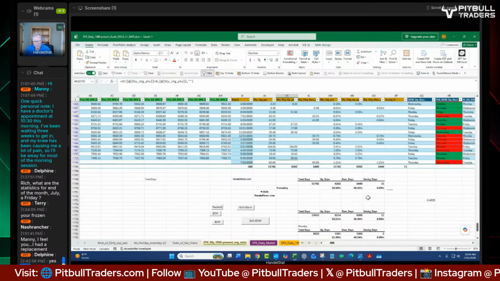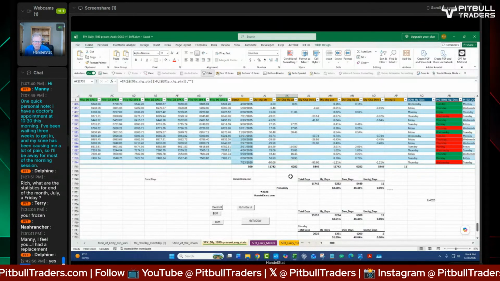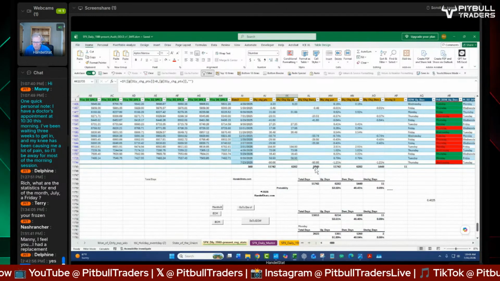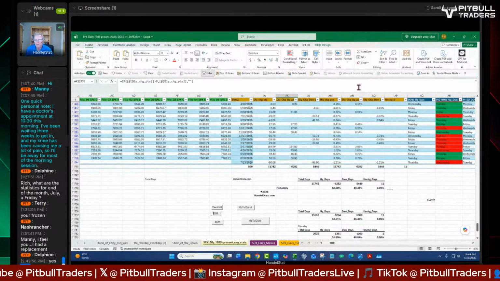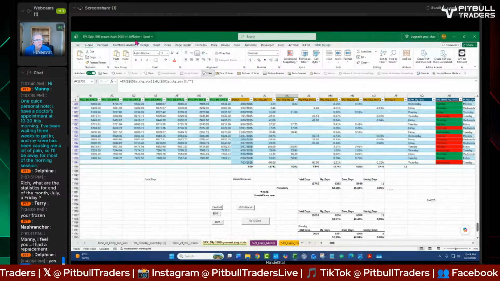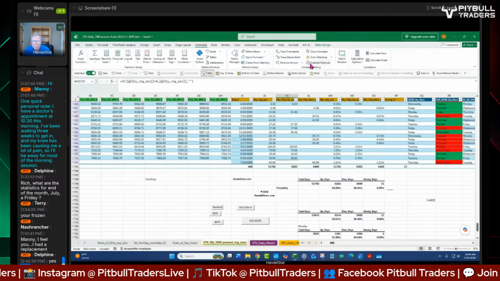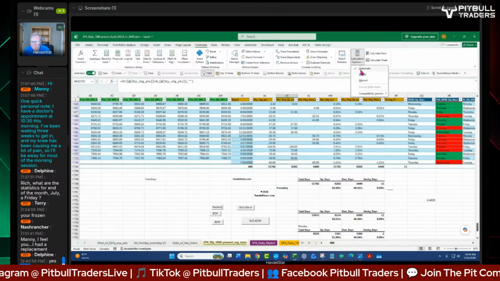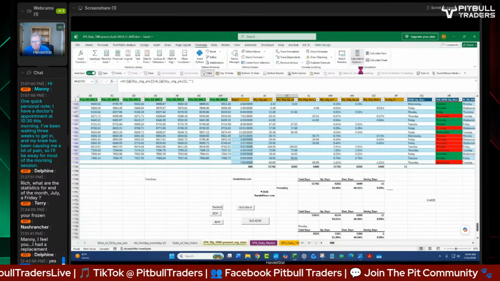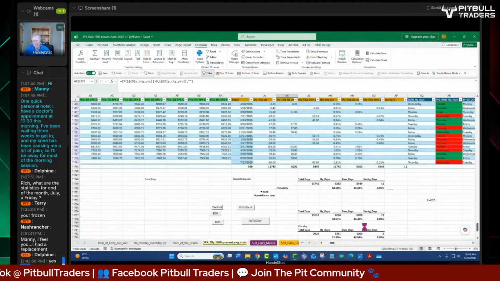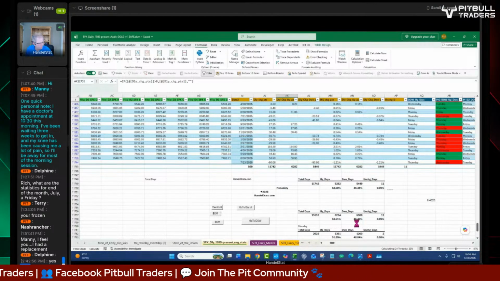Here's 560 here, but these aren't updating yet, and they should be. Let's see, do I have this formula turned off? Here it is. Now it's doing it. I guess I must have had that turned off.